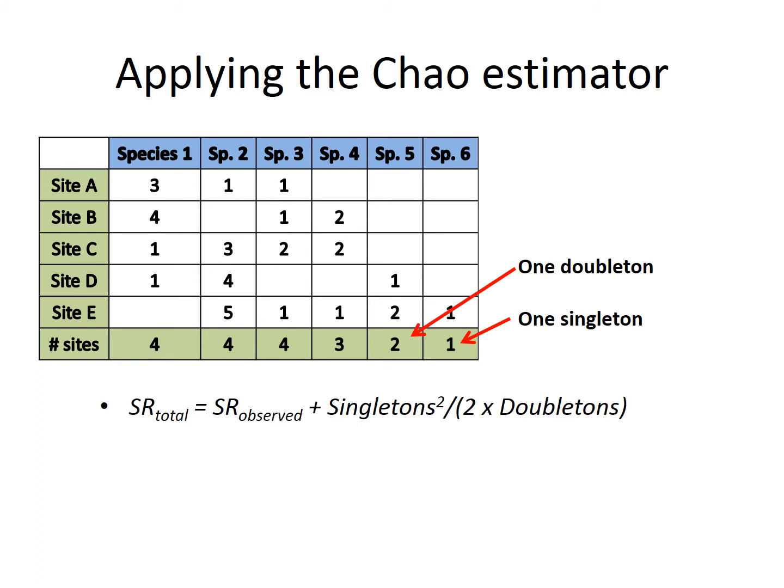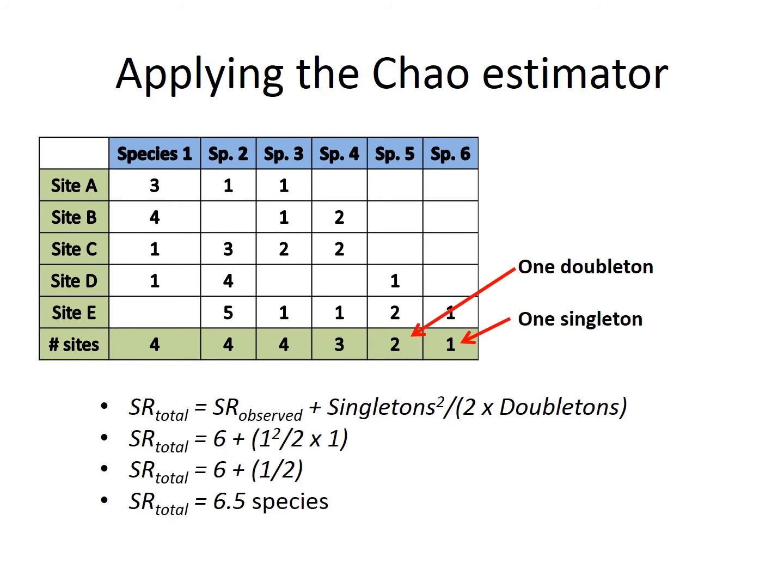Let's then put this into our formula here. So we know that 6 species were observed, because we can see that from the top row of our matrix. We also see there's one doubleton, one singleton. So when we complete that formula, we see that it says the total estimated species richness is 6.5 species.